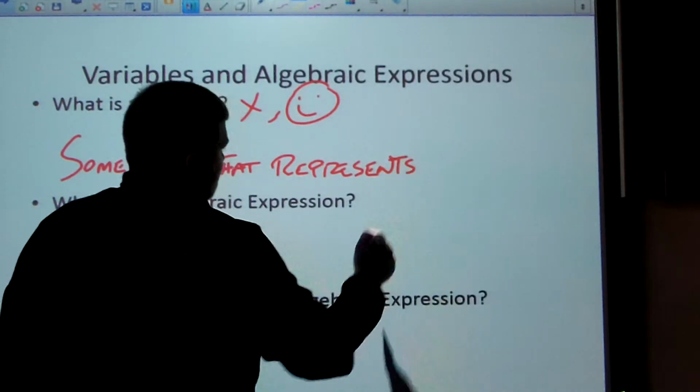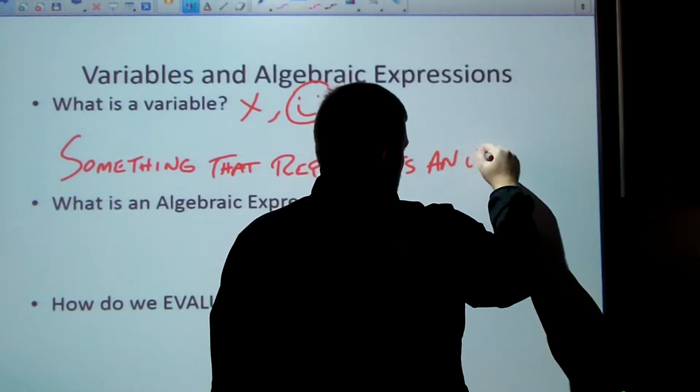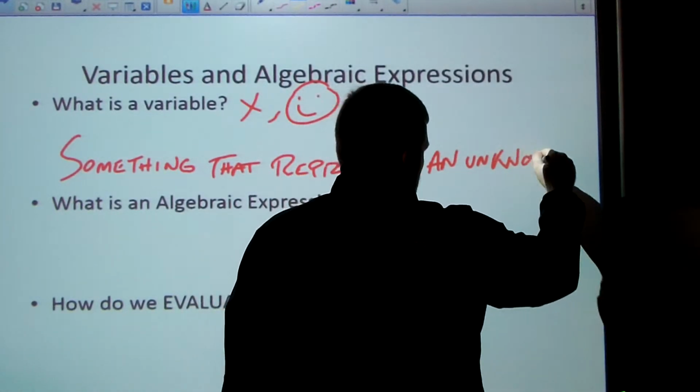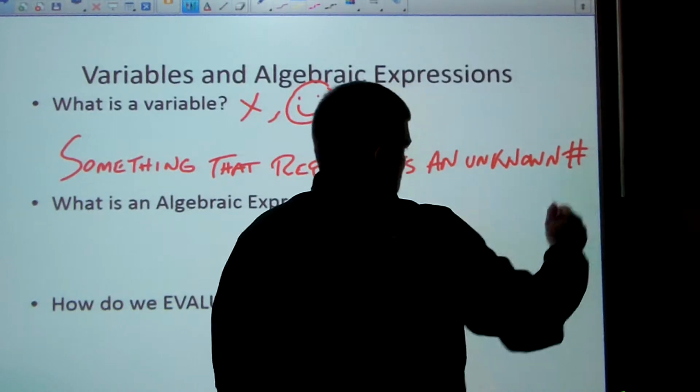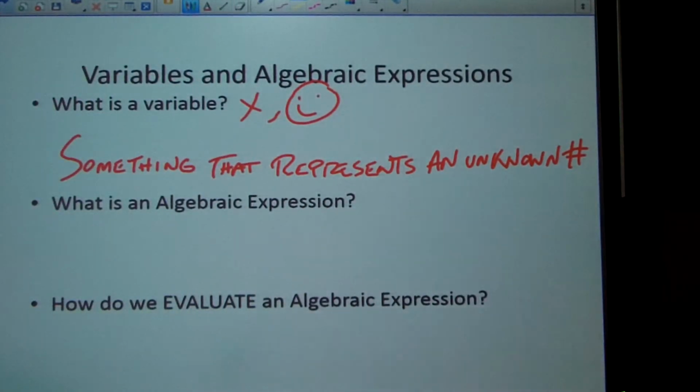Something that represents an unknown number, unknown quantity, whatever you want to call it.